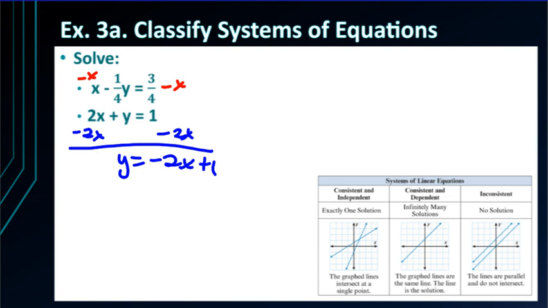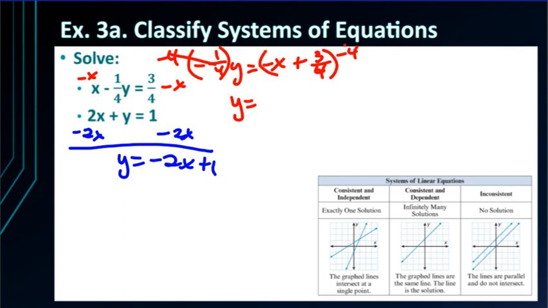So now I have negative 1/4 y equaling a negative x plus 3/4. To get y by itself, I need to multiply by a negative 4. So now I have y equaling, multiply this whole thing by negative 4. Negative 4 times negative 1x is 4x. Negative 4 times 3/4 is a negative 3.